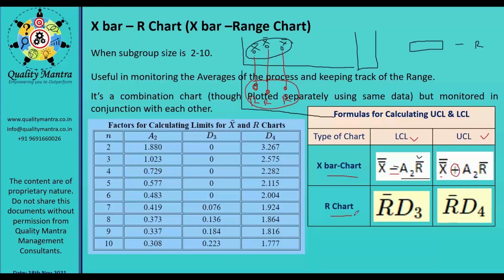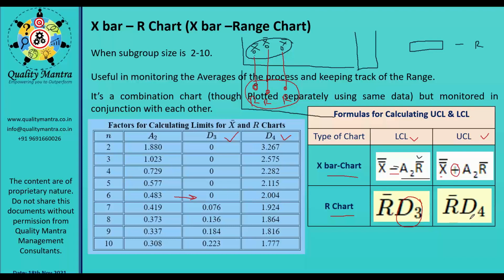And for the R chart, that is the range chart, you need to use the constants D3 and D4. Up to a subgroup size of 6, the LCL will be 0 because the value of D3 is 0.